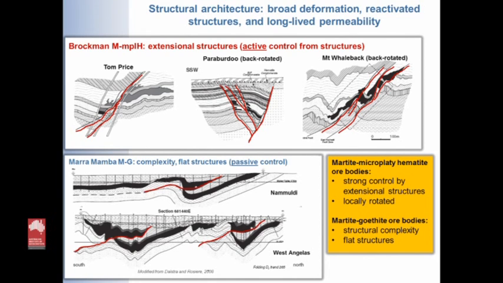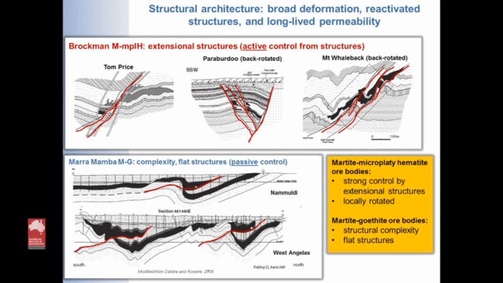And you can see that each locality has some first-order structures. What we envisage is that these structures are the primary channelways for these hypogene fluids to move up, hit the BIF, and remove the silica and move onwards. In this case, the structures have had an active role in that they've been deforming the BIF, and fluids have been focused within these structures.